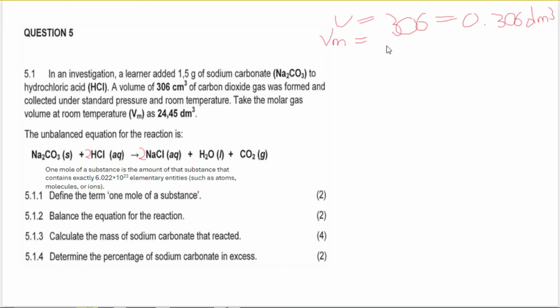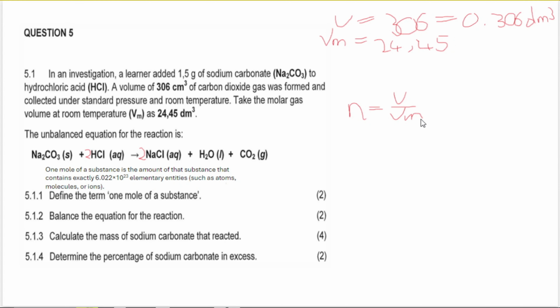Okay, and that is equal to 24,45, right? So we have volume and we have molar volume. What equation do we know uses this? We know that n equals V over Vm, right?